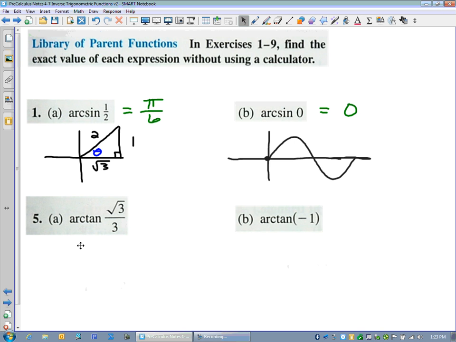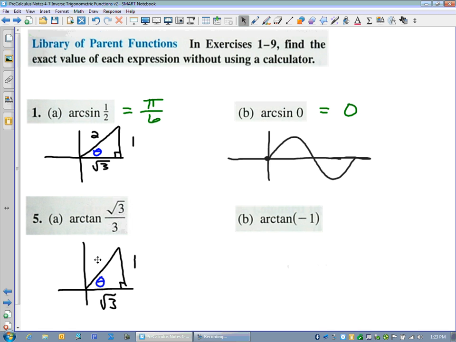For arctangent, we're looking at the angle whose tangent is root 3 over 3. Again, everything's positive, so we're going to be in quadrant 1. This is one of our special values. Hopefully you recognize that square root of 3 over 3 is equal to 1 divided by the square root of 3 before you rationalize it. So therefore, with respect to this theta, tangent being opposite over adjacent, means we're going to have 1 over the square root of 3, and that fraction will become root 3 over 3 after you rationalize it.